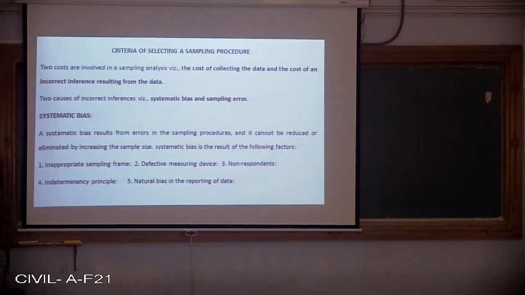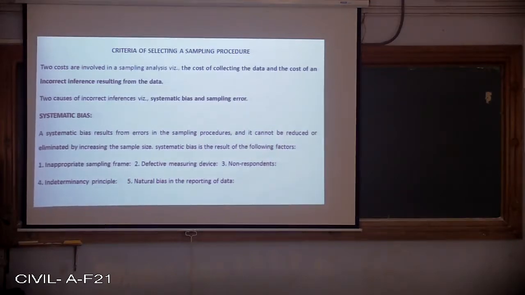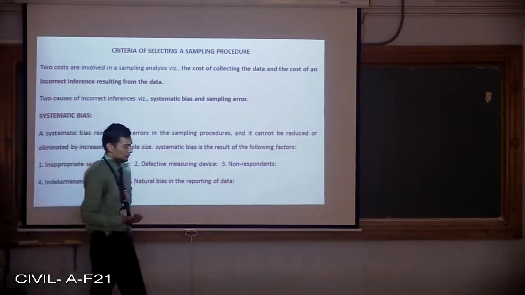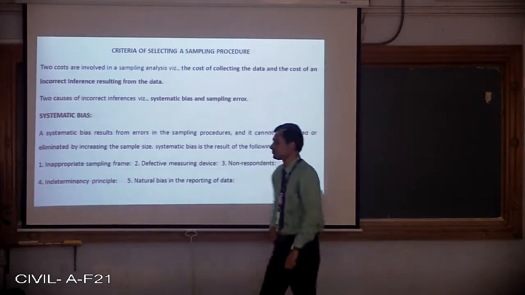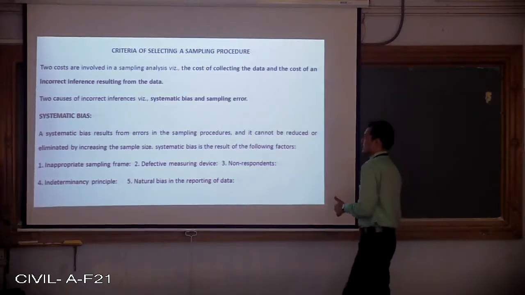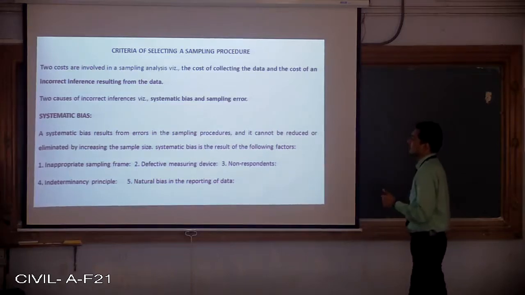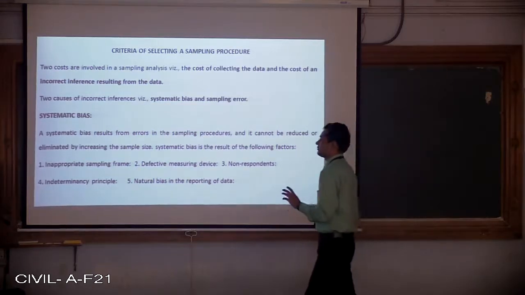What criteria you are going to take care of here is that two costs are involved in sampling analysis: the cost of collecting the data and the cost of incorrect inference resulting from the data. Two causes of incorrect inferences are systematic bias and sampling error. So when you are selecting the sample design, you have got two major cost considerations: the cost of collecting the data, how much cost is required for collecting your data, and the cost of an incorrect inference resulting from the data.